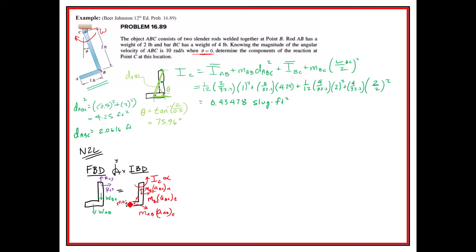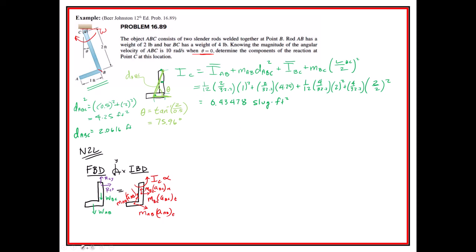Mass of AB times the acceleration of AB in the normal direction. That's a little n right there. It's hard to see. Okay.